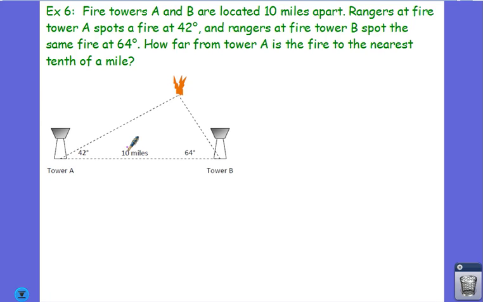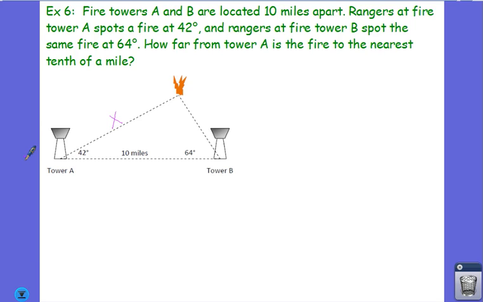The ranger at fire tower A spots the fire at 42 degrees, so that's why this angle is 42. And the ranger at fire tower B spots the fire at 64 degrees. We want to know how far from tower A is the fire. So I'm putting an X right there.